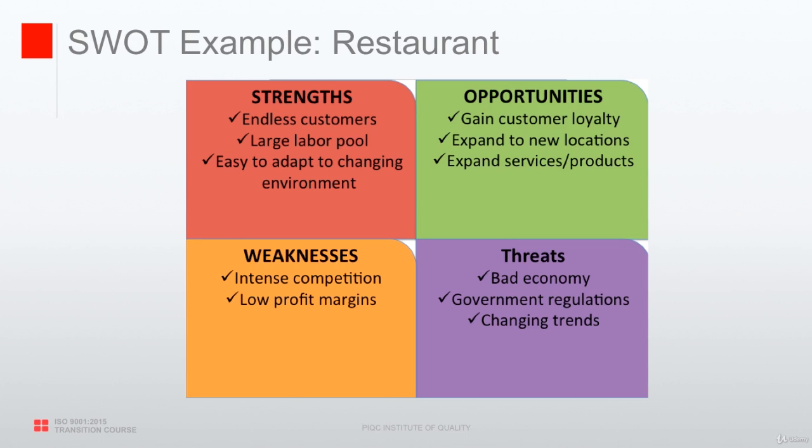Their weaknesses are intense competition and low profit margins. Their opportunities are to gain customer loyalty, to expand to new locations, and to expand services and products. And the threats they identified were bad economy, government regulations, and changing trends. This is how it should be compiled after reviews and discussions.